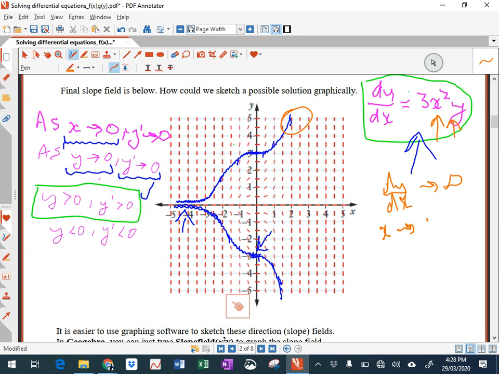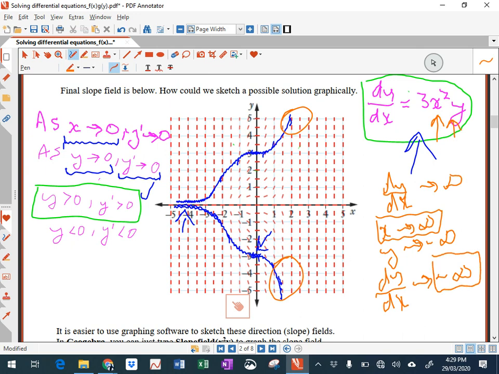If x approaches infinity and y approaches minus infinity, what would be happening to the derivative? The dy/dx would be approaching minus infinity, and that's that part of the curve there. So when you're doing your analysis to sketch your possible function, I'll be looking at the idea of limits, looking at what happens as x approaches particular values. Obviously, we know infinity is not a value, but you get the idea.